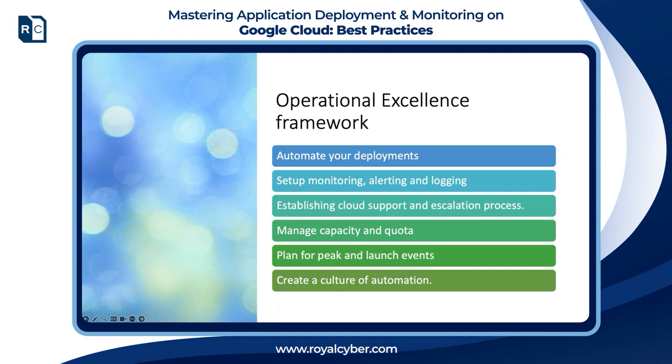All of these combined help you create that operational excellence framework, which in turn is helpful in releasing your future applications and features to your workloads, and then being able to monitor them, set up the right alerts, check the right logs, debug them, and create an escalation process.